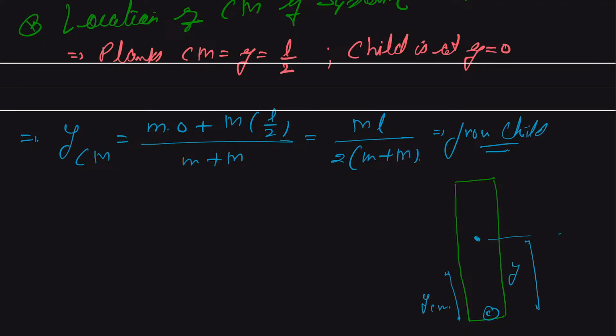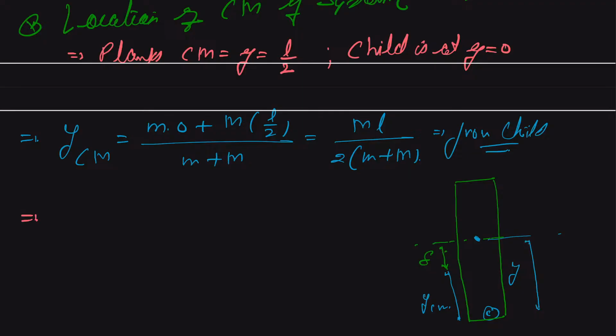So we have to find out the distance of the center of mass of the system from the center of mass of the Plank. Let us call this distance delta. So obviously that will be y minus YCM.